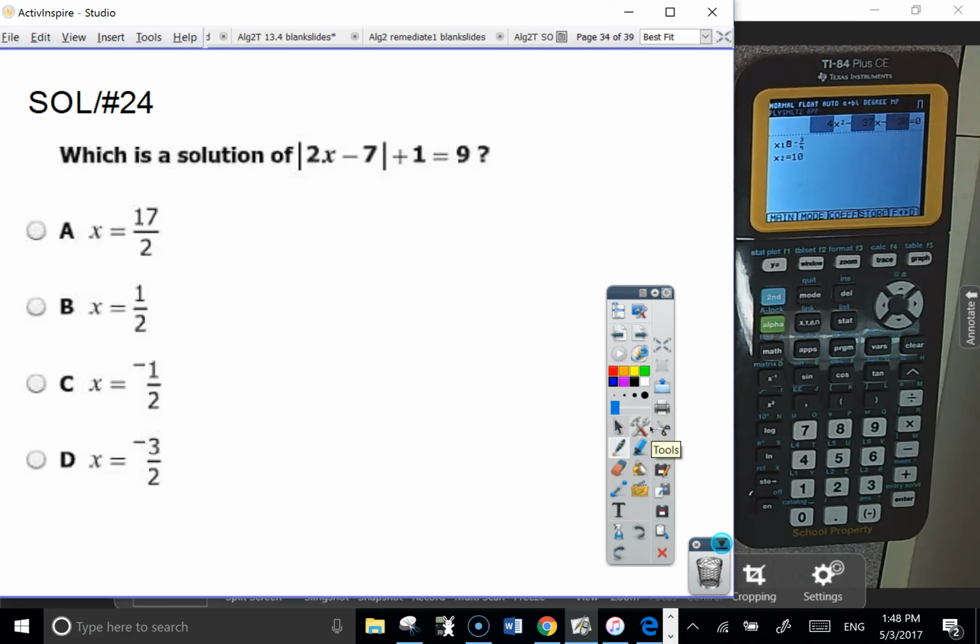Got an absolute value equation. What's the first step? This is number 24. Isolate, right? It's always isolate. In this case, that'll be absolute value of 2x minus 7 equals 8.